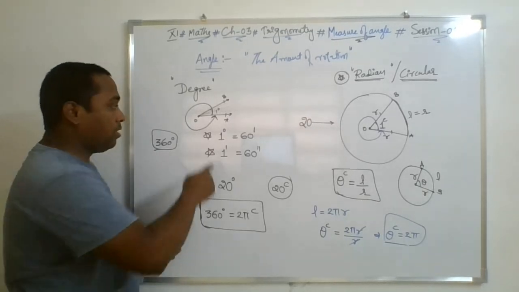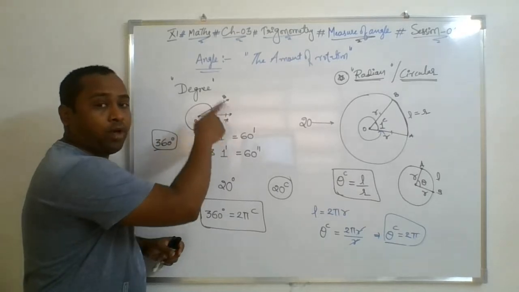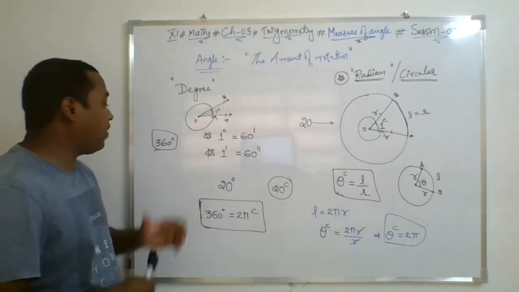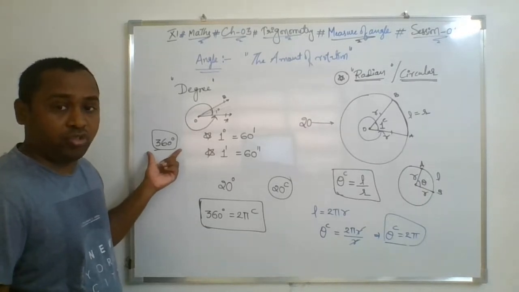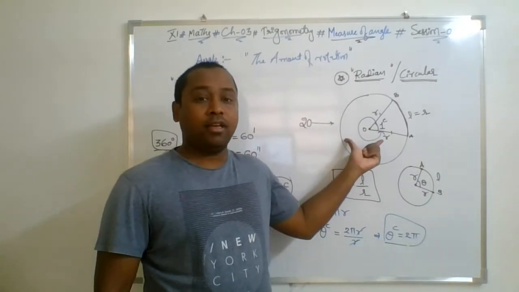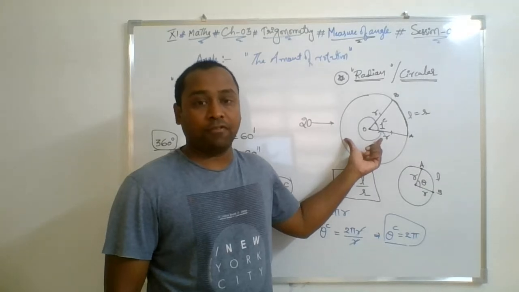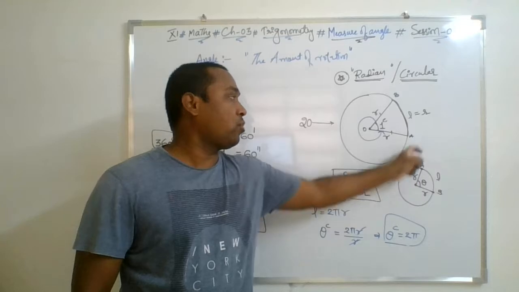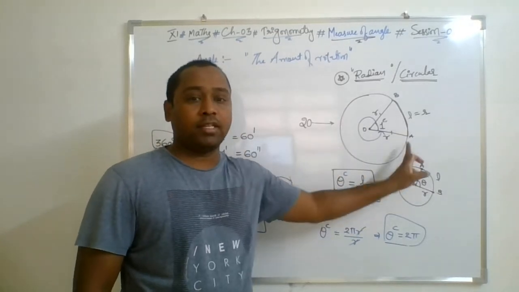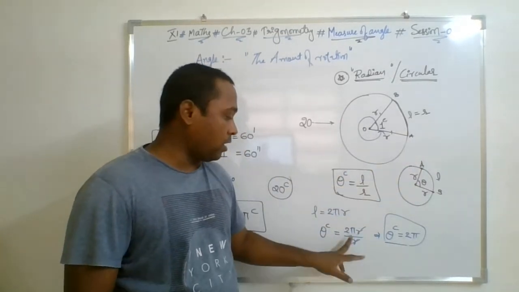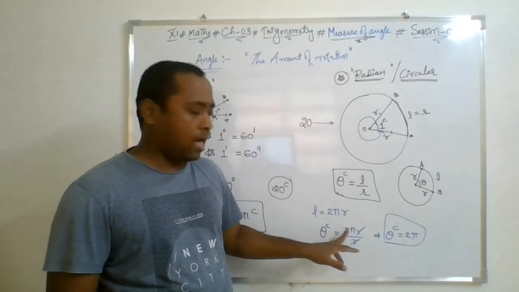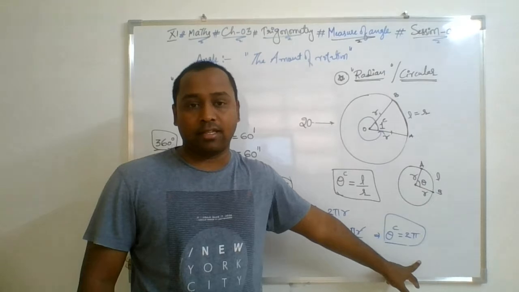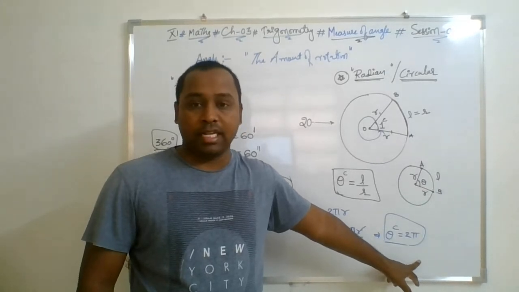It is simply the amount of rotation in one complete circle or one complete revolution, which we call 360 degrees in general terms. The same thing is also obtained in terms of radius by using the formula. In one complete rotation, the length of arc is equal to the circumference of the circle. By substituting 2 pi r, we get the angle subtended by the arc at the center equal to 2 pi radians.